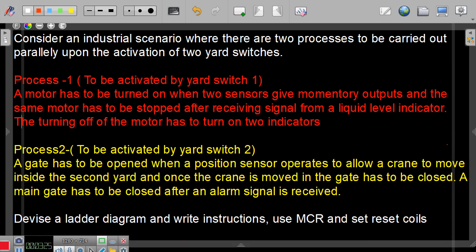A gate has to be opened when a position sensor operates to allow a crane to move inside the second yard, and once the crane has moved in, the gate has to be closed. So this is another typical practical case, a barrier kind of thing.